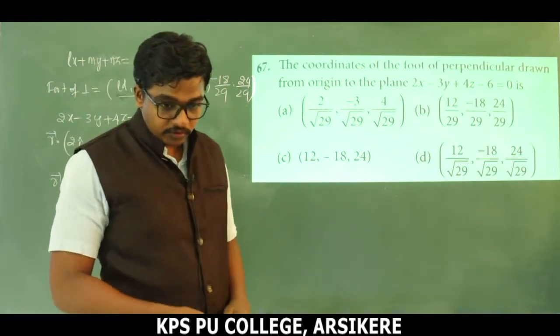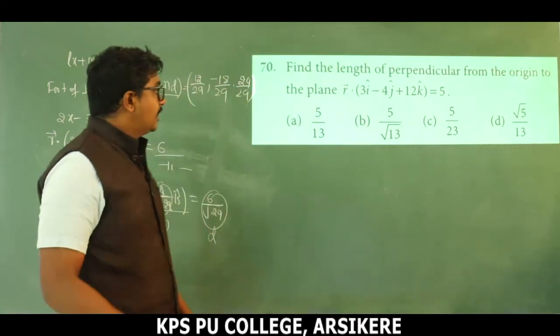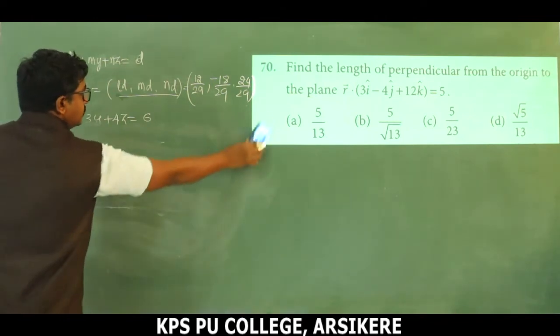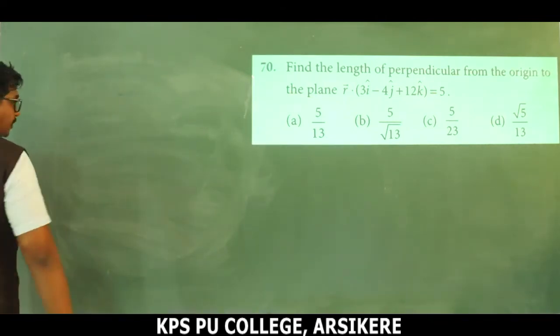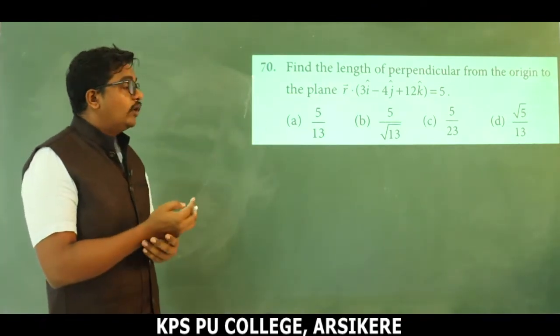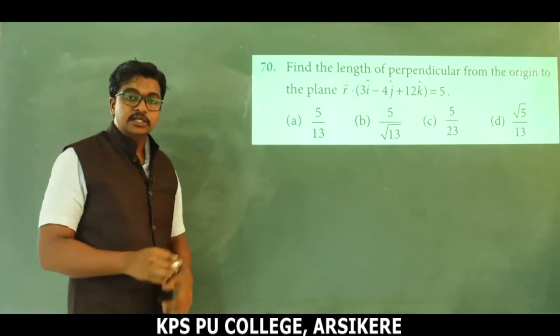Next we are moving to the next question. The length of the perpendicular from the origin to the plane. What is the plane here? Vector r dot 3i minus 4j plus 12k is equal to 5.